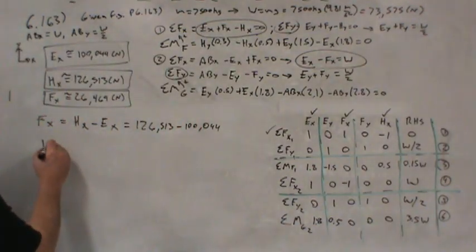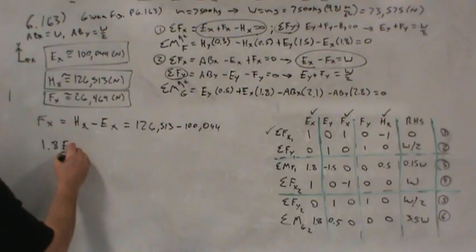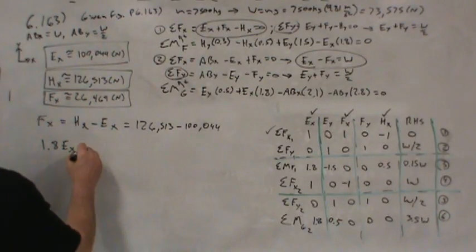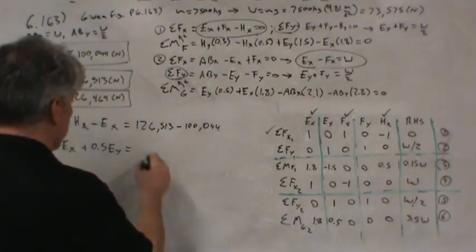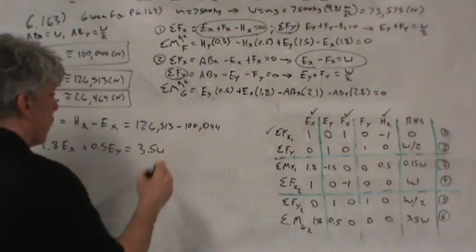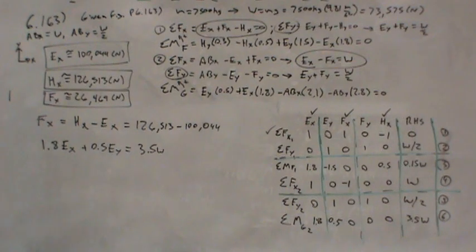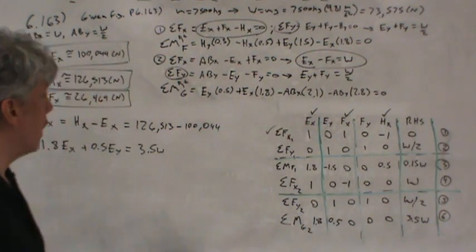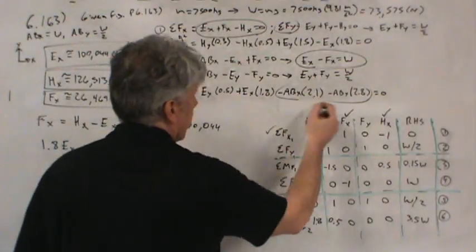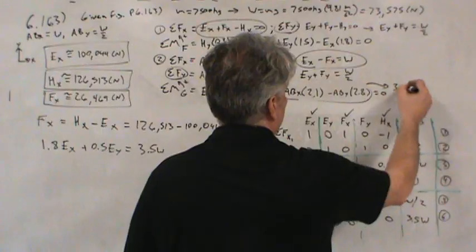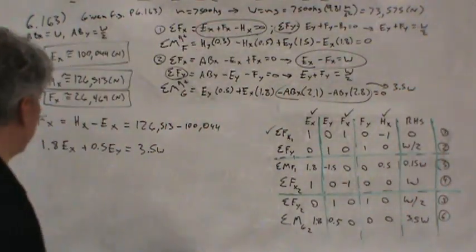It says 1.8 Ex plus 1/2 Ey equals 3.5 W. That's what it says, right? In fact, all I've done is just copy the equation from here. Of course, I erased it, but all of this moved to the other side just becomes 3.5 W. Okay?